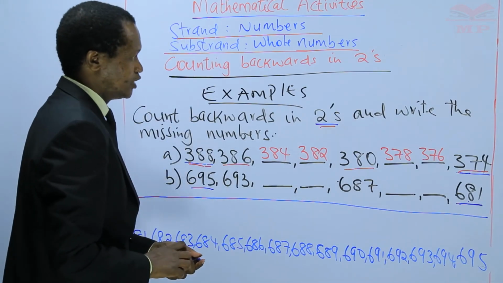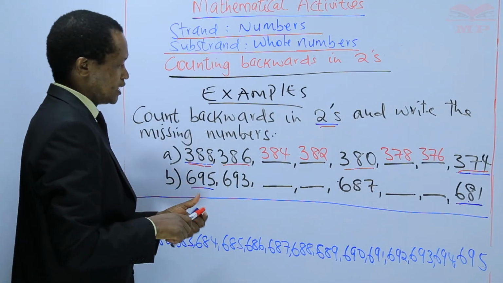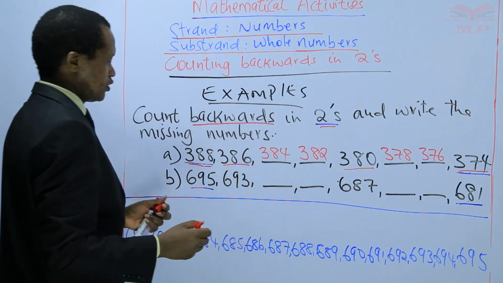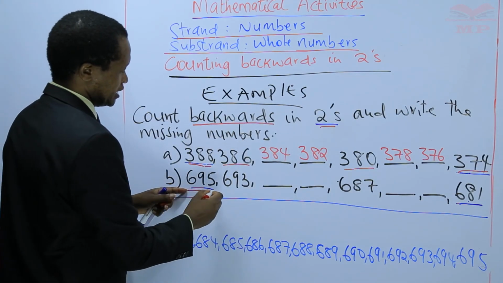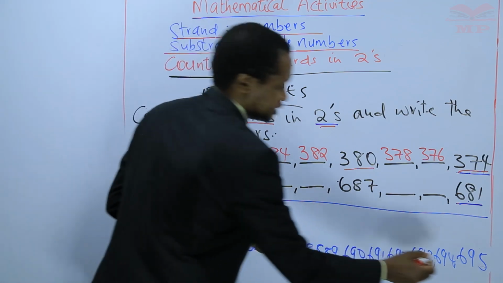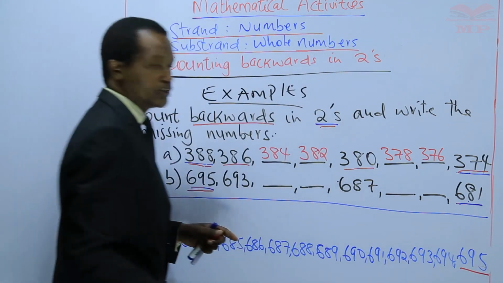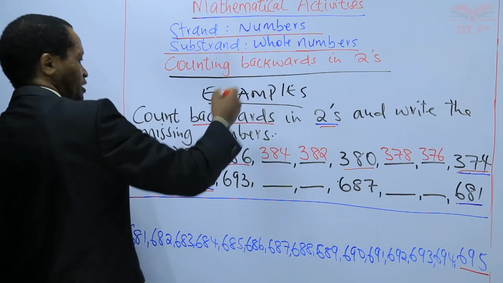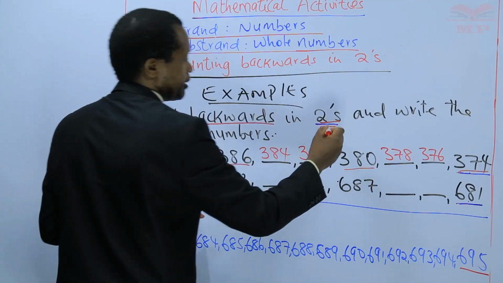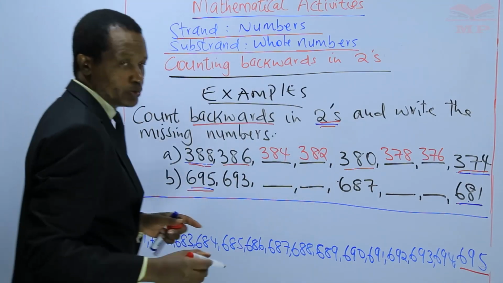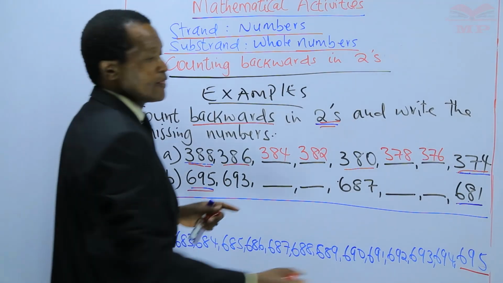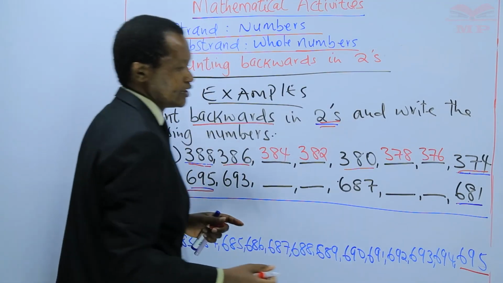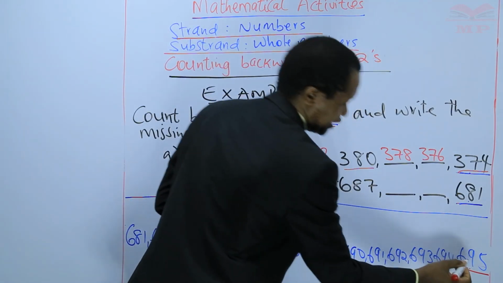After doing that, we are going to count backwards in twos, starting from 695.